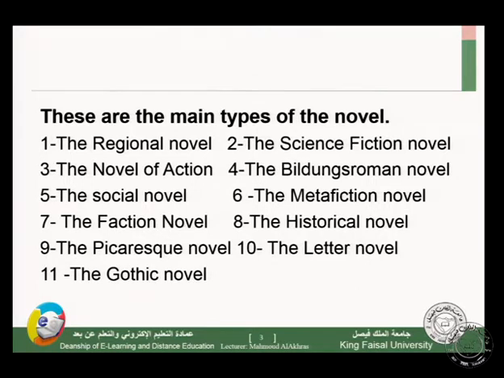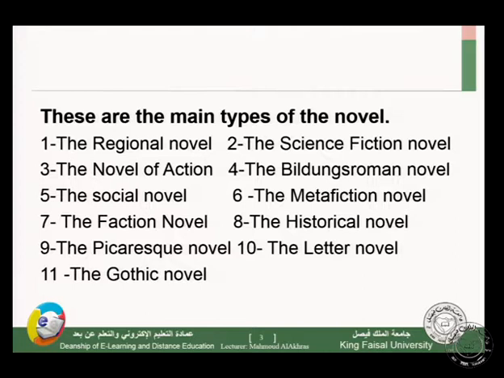The first one again, a regional novel. The second one, science fiction. The third one, the novel of action, or sometimes we call it action novel. The fourth one, Bildungsroman novel. Fifth, we have the social novel.